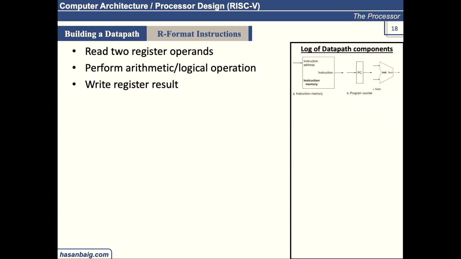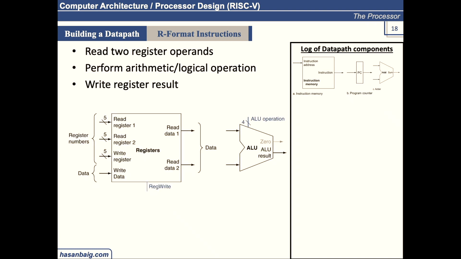Register file. The register file contains all the registers' data. As it says, the R format instruction clearly shows: read 2 register operands. So where do you read the operands from? From the register file. So to implement the R-type data path, we need a register file and the ALU.